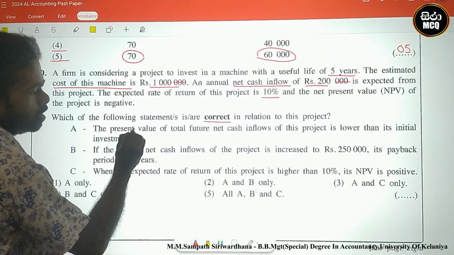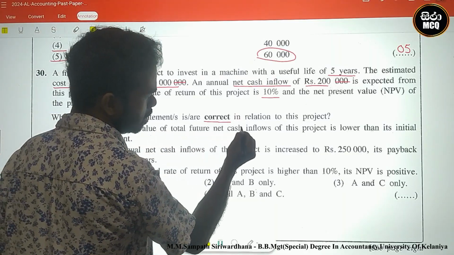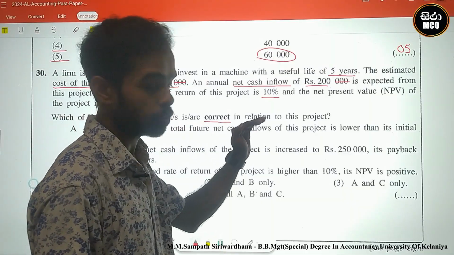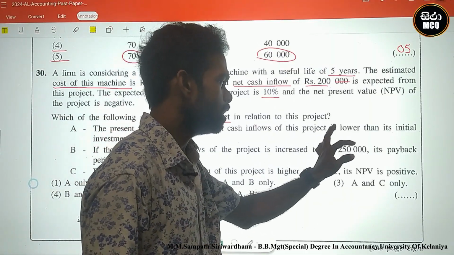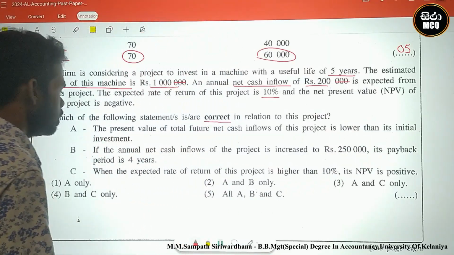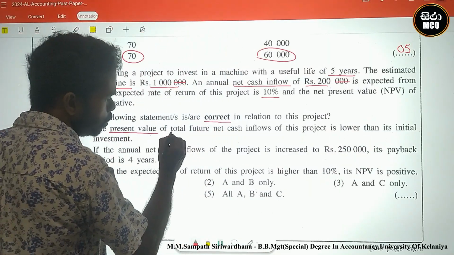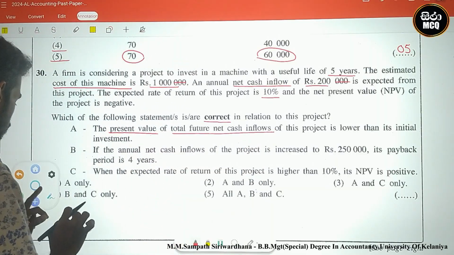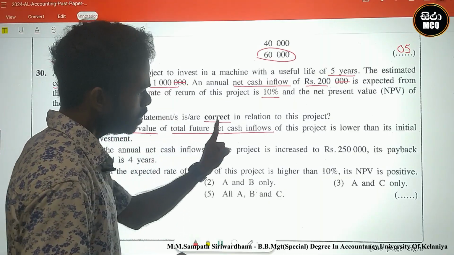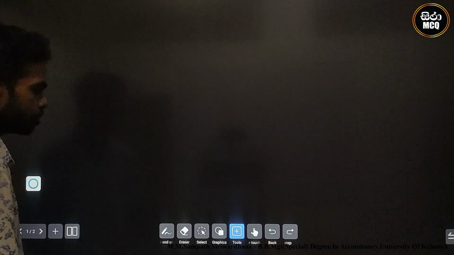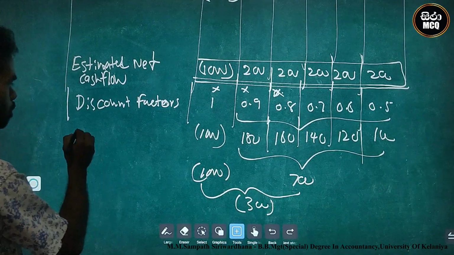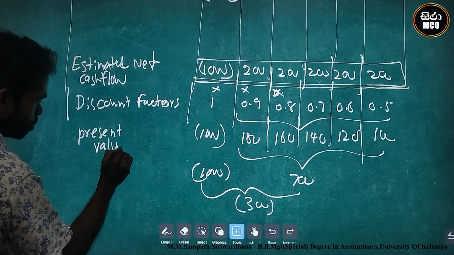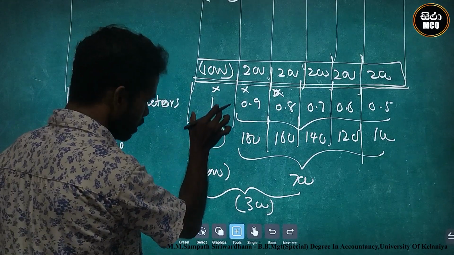Look here. The present value of total future net cash inflows of the project is lower than the initial investment. Look here. This is the present value, the current present value.